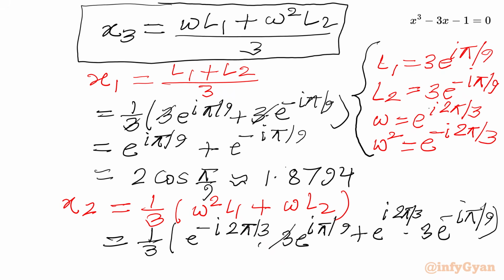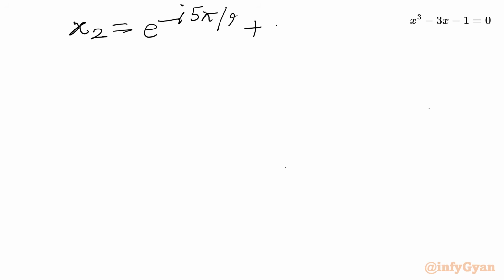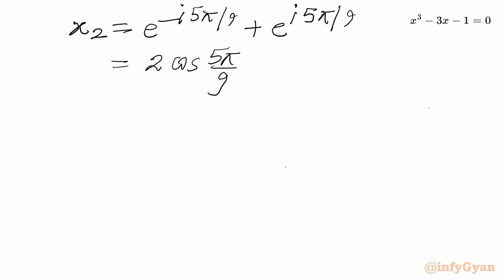Now we will take 3 common out. It will cancel the denominator 3. So we are going to get x2 equal to e power minus i 5 pi over 9 plus e power plus i 5 pi over 9, which is nothing but 2 cos 5 pi over 9. So we have the second root of the cubic equation, x2. The approximate value would be minus 0.3473.